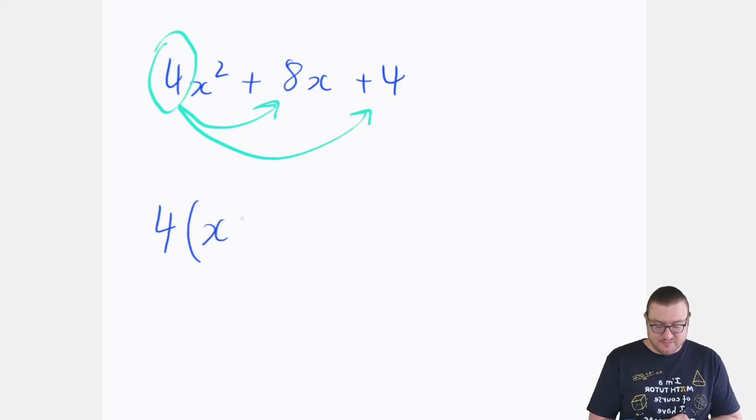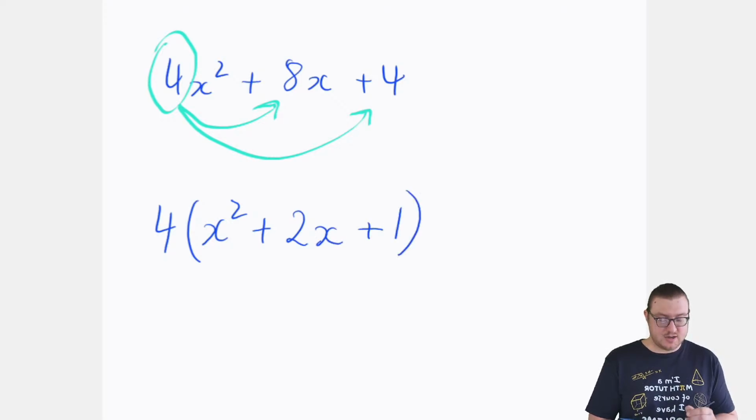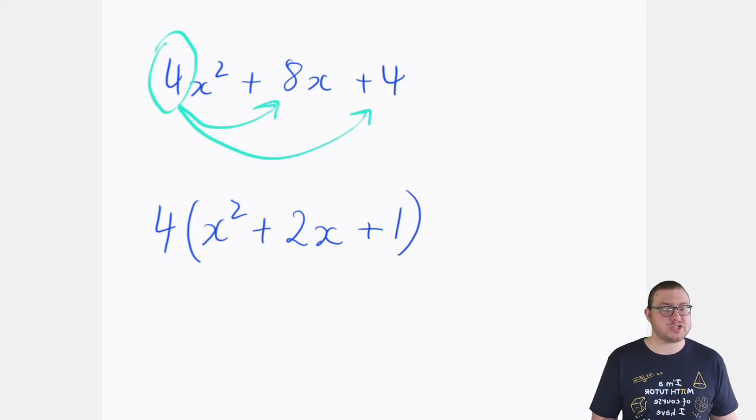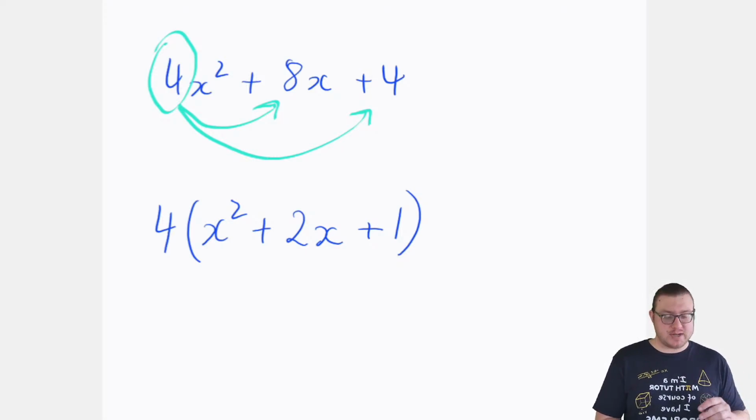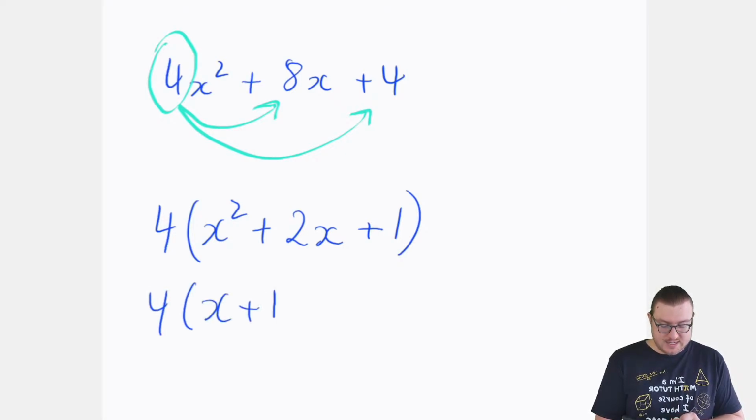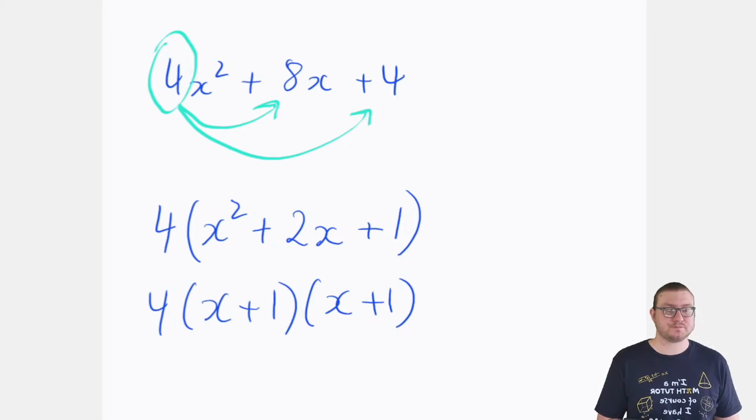So we divide everything by 4, and you will see this will leave us with the same equation that we have just factorized before, but with a 4 in front. Well, the 4 in front doesn't stop us from factorizing this one. So we're again getting x plus 1 and x plus 1 just like before.